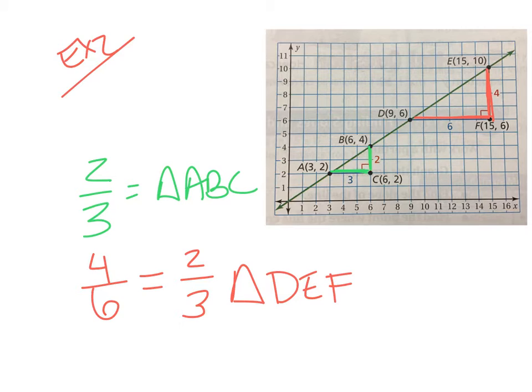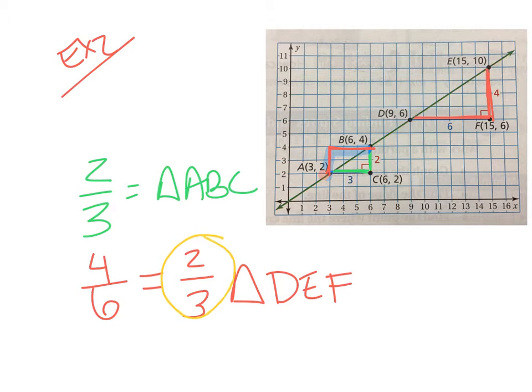All right? We also need to find the ratio when you compare the two triangles to each other. You do this by comparing their slopes. So if you look here, we can look at rise over run. Rise over run, I went up 2/3.